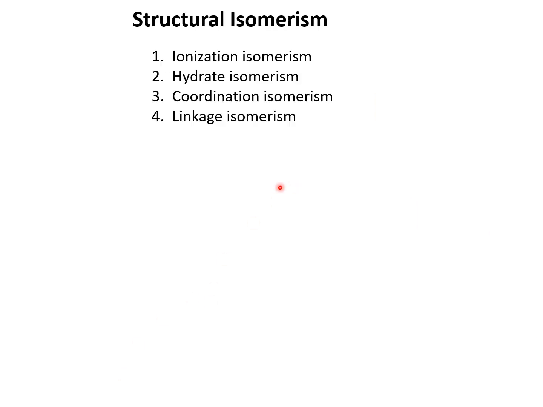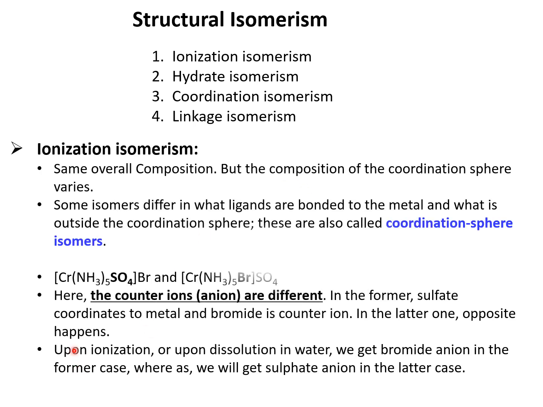So, structural isomerism: ionization, hydrate, coordinate and linkage. In ionization, the molecular formula is the same, but they give different ions in solution, so they are termed ionization isomers. On the left-hand side, you can find Br minus ions, whereas the right-side complex will give sulfate ions in solution.